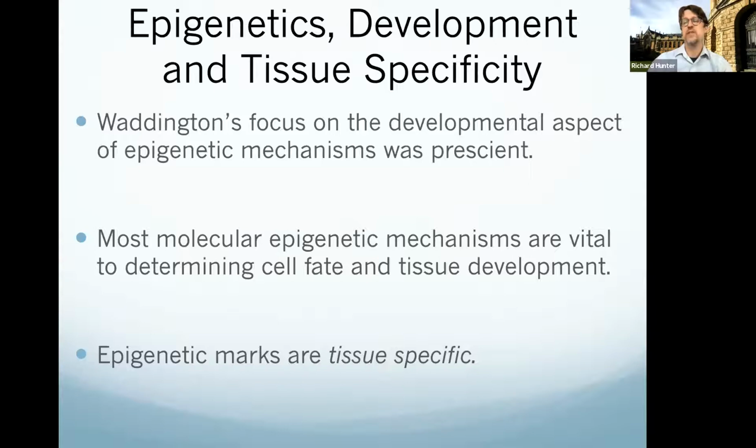That is not true of the epigenome. The epigenome allows us to have neurons and skin cells and kidney cells from the same genome. So each set of epigenetic marks, each landscape, is specific to the tissue and even to the individual cell that it's in.